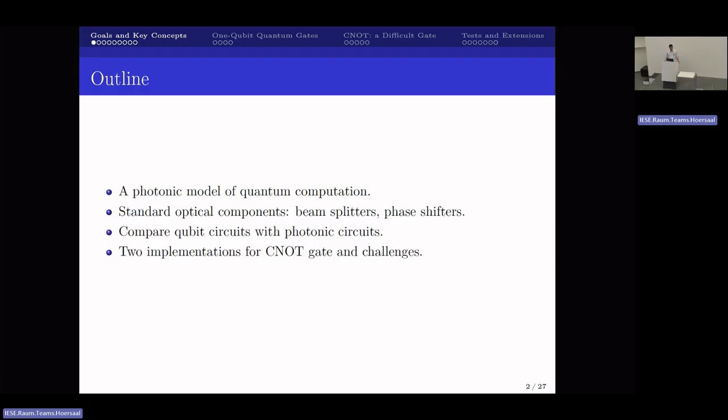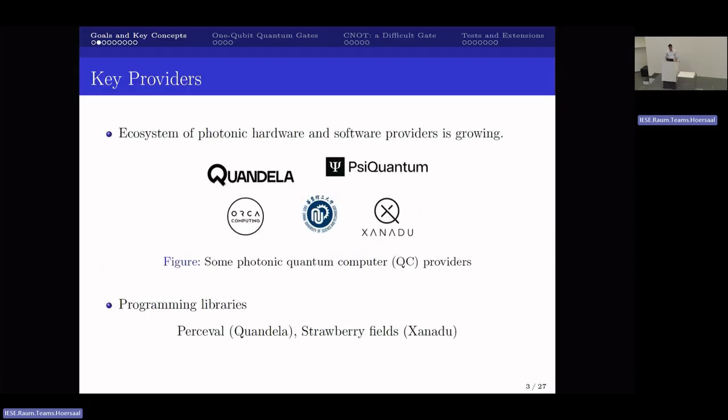Then I will compare qubit circuits with photonic circuits, and I will show you three implementations of the CNOT gates and challenges. And I will also introduce polarization encoding onto photonic quantum computations.